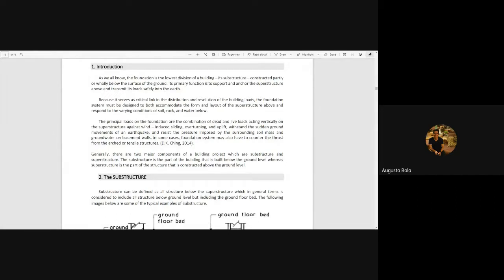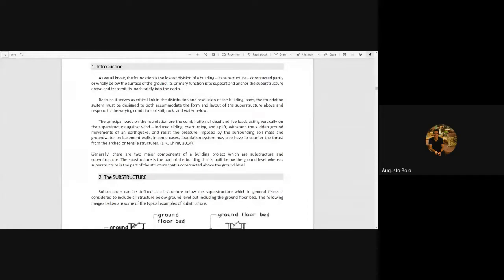Ang tinuturo sa atin as architects hindi lang more of aesthetics. Although there is a professional that somehow focuses on that particular aspect of the building, but we have to at least have an idea na ang foundation system is very important in any other structural consideration.